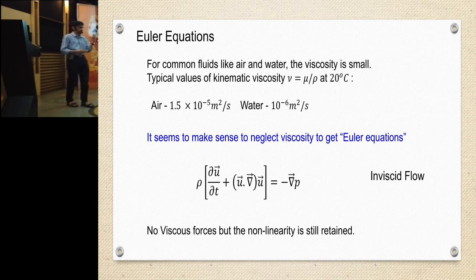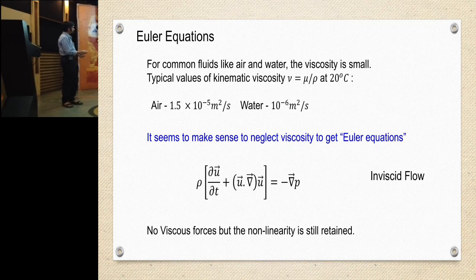So because these are such small values numerically, it actually seems to make sense to neglect viscosity in the Navier-Stokes equations, and that results in the equations for inviscid flow, which are called Euler equations.